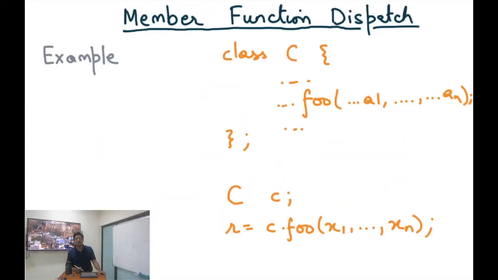Alright, so that was dispatch for any general function, but let's also look at the special case where the function is actually a member function of a class. Say it's an object-oriented language, and I define this function as a member function of a class C. This is a declaration of a function foo.